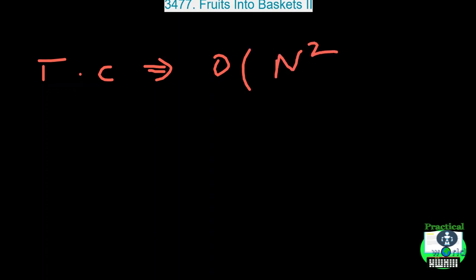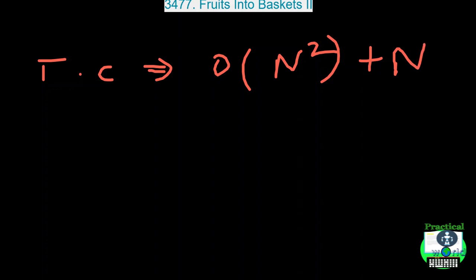So let's talk about the time complexity and space complexity. We are using nested loops. For each element we traverse the basket array again, and both arrays have the same length, so the time complexity is big O of n square.